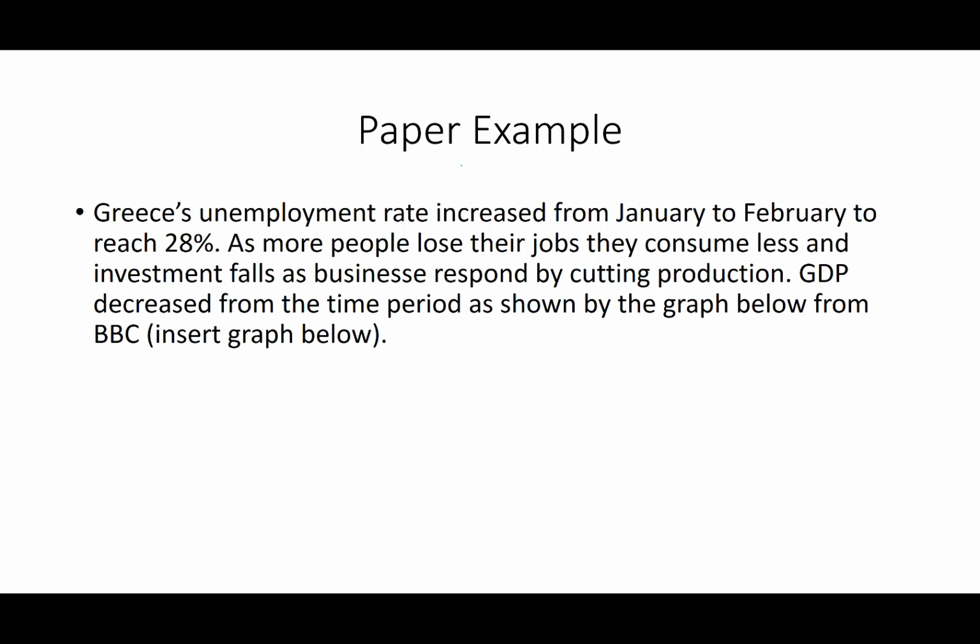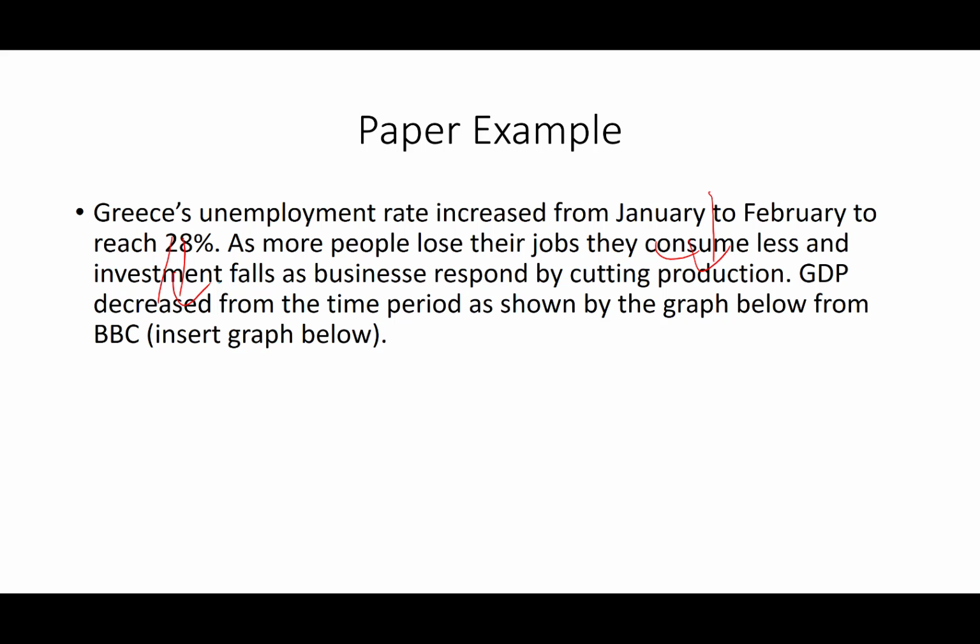So here's an example. Greece's unemployment rate increased from January to February to reach 28%. So here's a hypothetical example. As more people lose their jobs, they consume less, and investments fall, as business respond by cutting production.